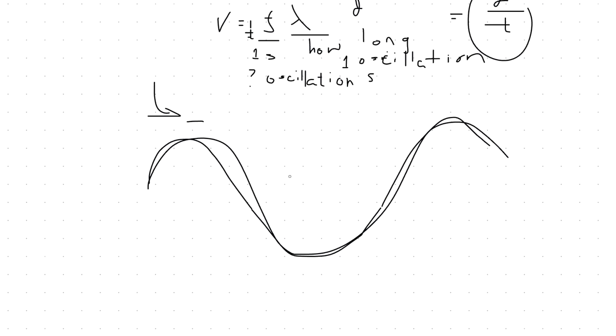Then there would be no difference compared to when you throw a ball at somebody. The matter still goes from here to here. This is not true in the actual case. In the actual case, the particles remain at their position. For example, the particle would stay at this position, moving up and down, no matter how the wave moves.